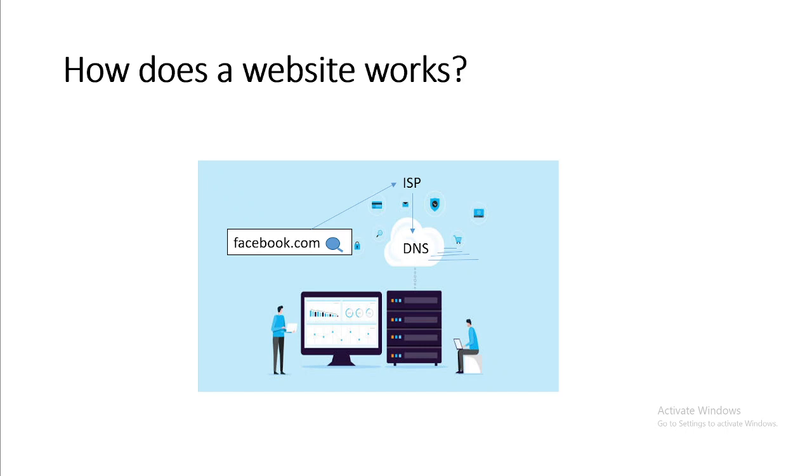So if the website has been cached in the ISP's DNS, then it does not need to pass on the request to other layers of name servers. But if it does not meet any cached version of facebook.com on your ISP's DNS, then it passes the request to layer 2, which is the domain root server.